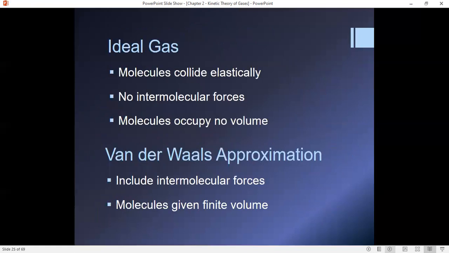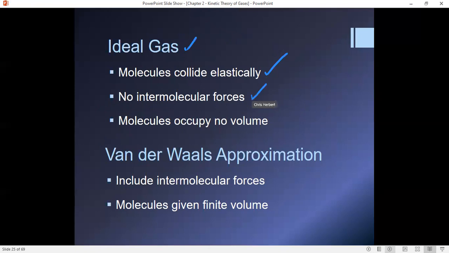Now, again, the ideal gas law is good, but it's only an approximation. It assumes that the molecules collide elastically, which for the most part they do. At higher temperatures, they might begin to ionize atoms, break off electrons, but for the most part, these collisions in normal circumstances are going to be elastic.